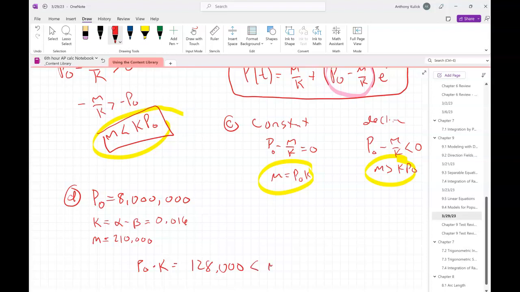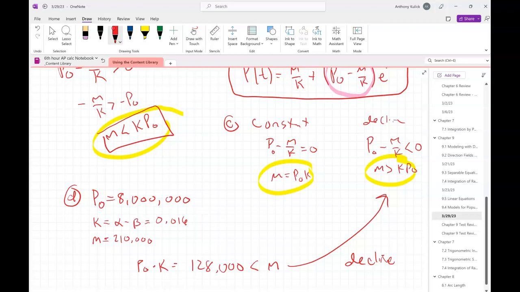Since that is less than M, I know we're in the declining stage. That was it. The tough one was part A, right? Just getting the thing solved.